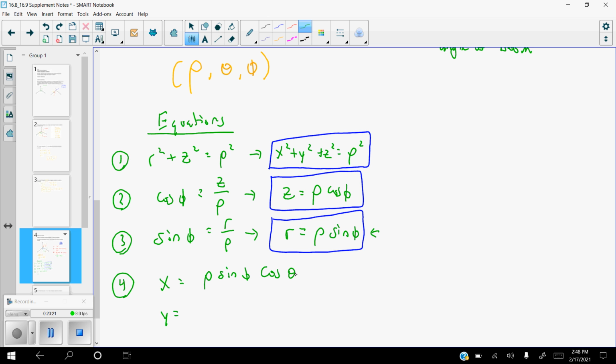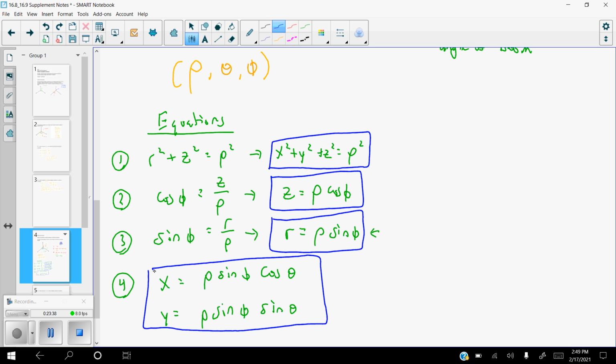Likewise, y is r sine theta. So once again, y is rho sine phi sine theta. And that's a way that you can get x and y from spherical coordinates. All of this stuff is just developed from the right triangles above.